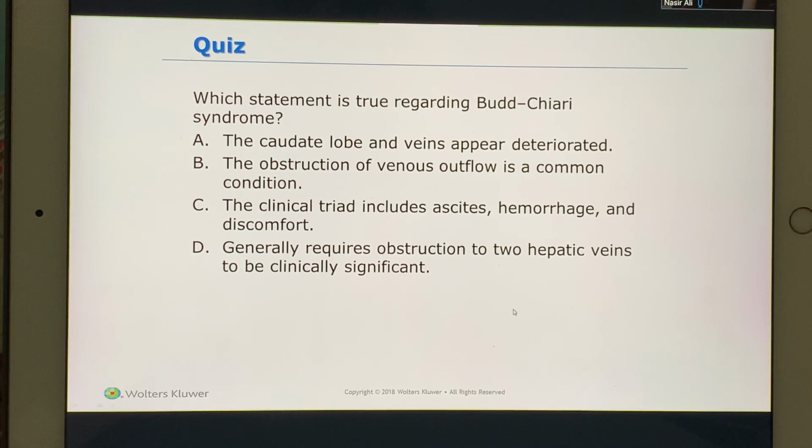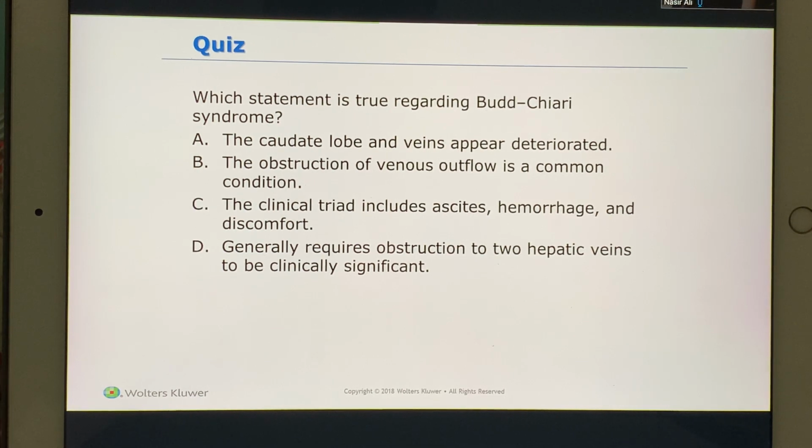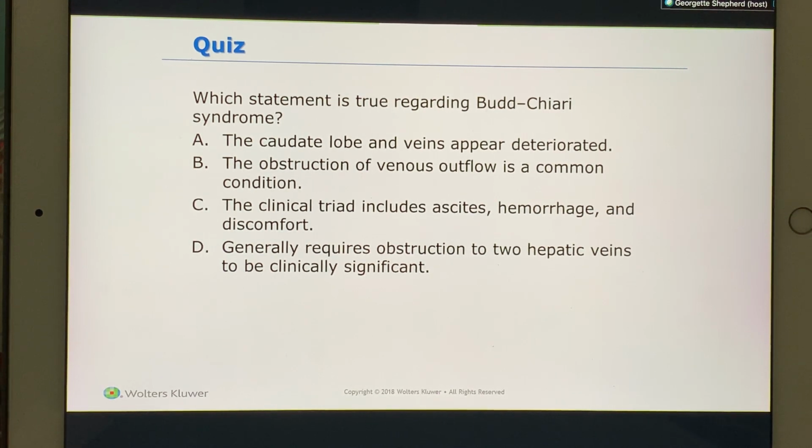Okay. Which statement is true regarding Budd-Chiari syndrome? Obstruction of venous outflow. No, it's uncommon. It's D. Requires obstruction of venous outflow, hepatic vein.